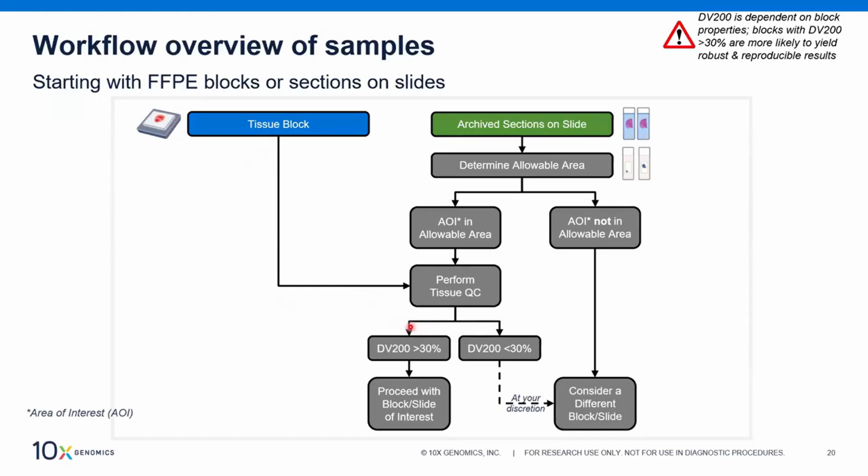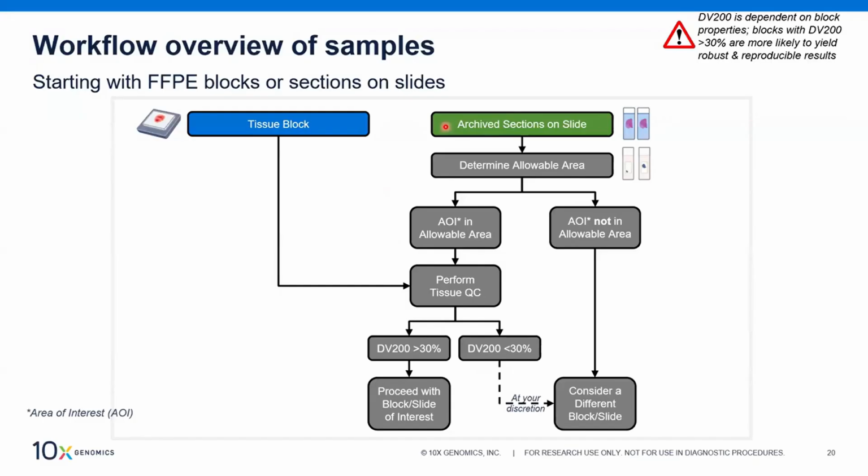We see that samples with a DV200 above 30% have very robust and good results. If it's lower than this 30%, it's a bit risky to use. So if you have different blocks available, maybe at this stage you should consider switching. If not, please be aware that a DV200 below 30% is a little bit of a risk. If it's above 30, then just go ahead and use your block.